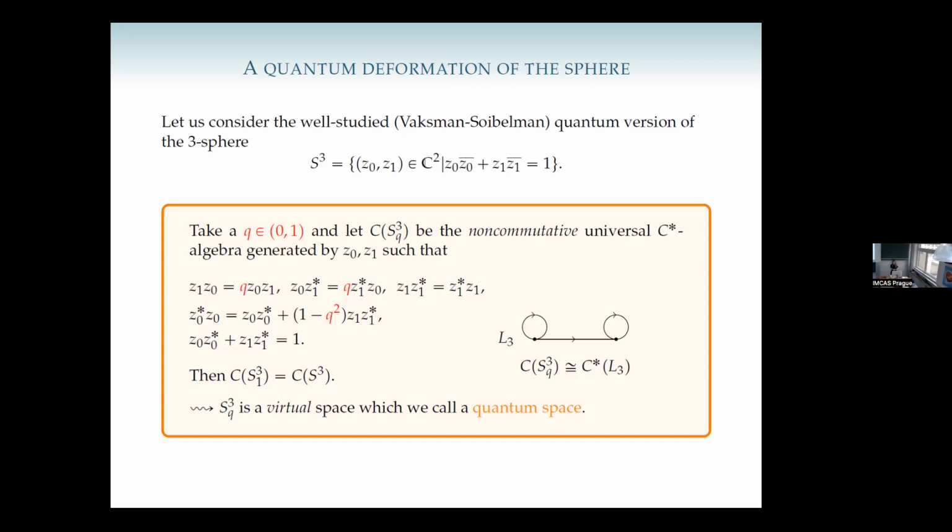As you see, if you let q be 1, you are just back in the classical case, having continuous functions on the sphere. These relations come from the fact that in this case, S_q^3 is actually Woronowicz's SU_q(2) group. If we go to higher dimensions, then the quantum spheres are defined as a subalgebra of Woronowicz's SU_q(n+1) group, but I will come back to that.